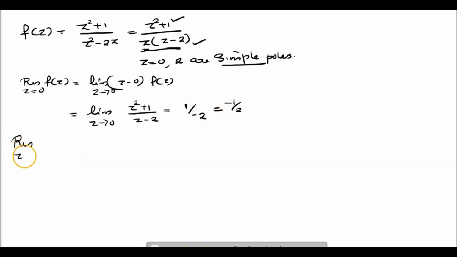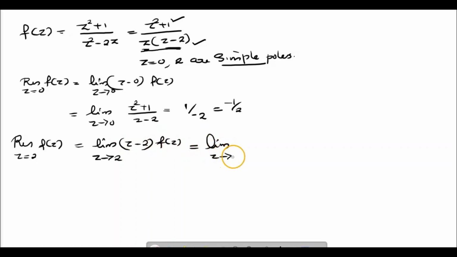Now residue at z equal to 2 of f of z is limit z tends to 2 of (z minus 2) into f of z, that is (z square plus 1) divided by z. Now putting the limit, we get (2 square plus 1) by 2, that is 5 by 2. These are the residues at these simple poles.